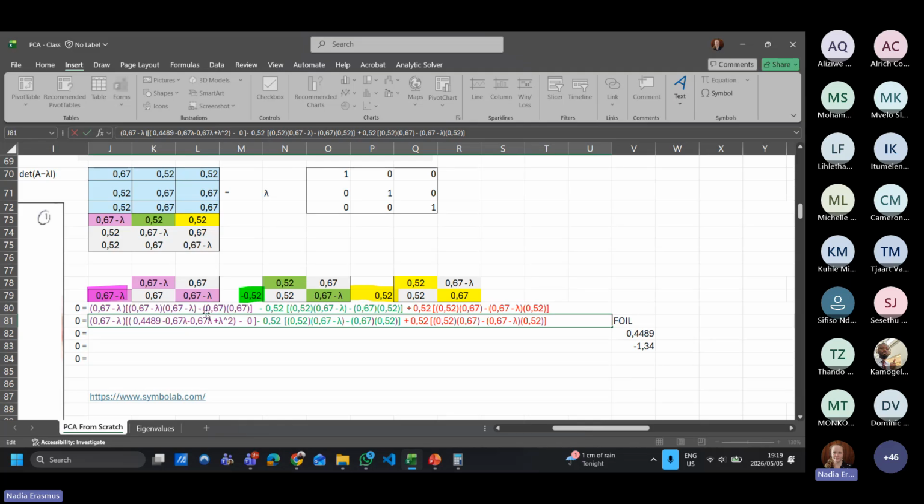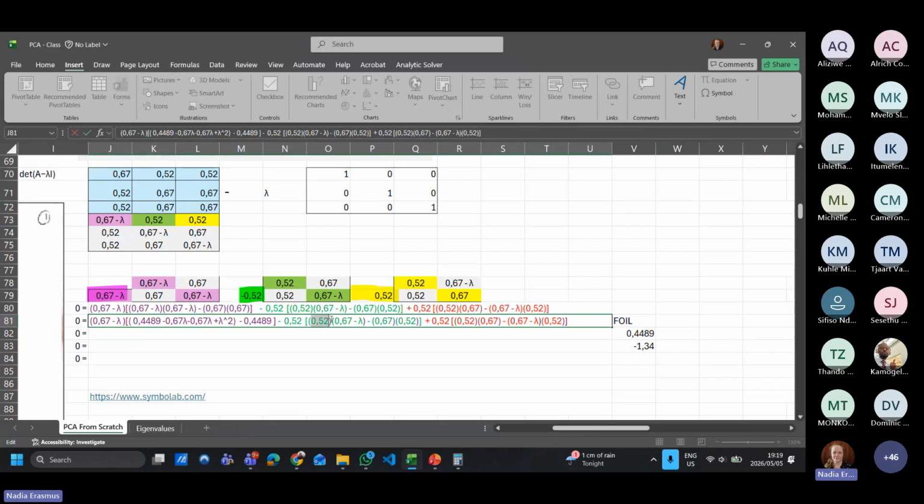It's minus 0.67 times 0.67, and we already have the answer for that: 0.4489. Sorry for all of the confusion. Somewhere I clicked something wrong with the control, and then my keyboard was against me.